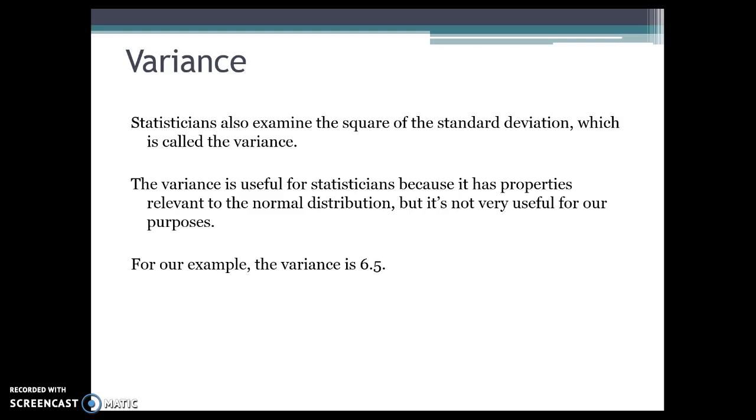If your data is in inches, we're talking about inches squared. So anyway, for this example that we just did, the standard deviation was the square root of 6.5. So the variance is 6.5.